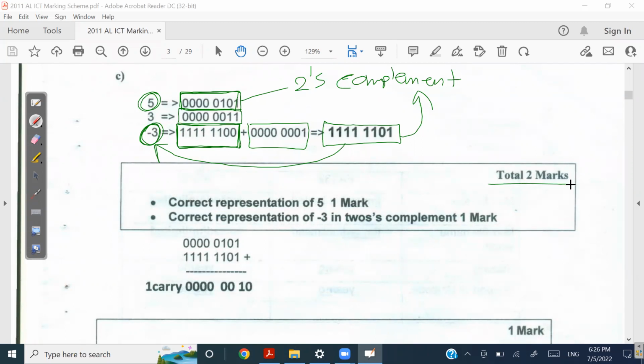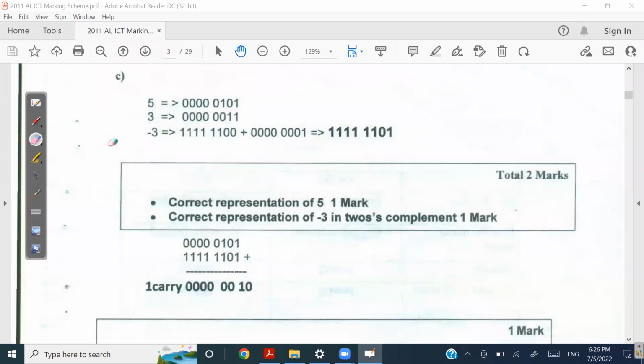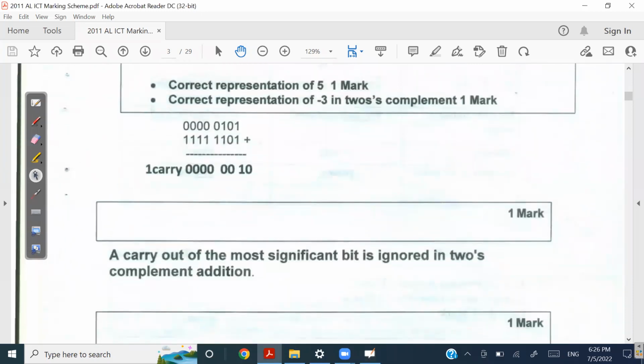Right, then for representing these two with the plus sign, that is a must, people. You must indicate that these two values are being added together and take the final value. For that, you are given just 1 mark.